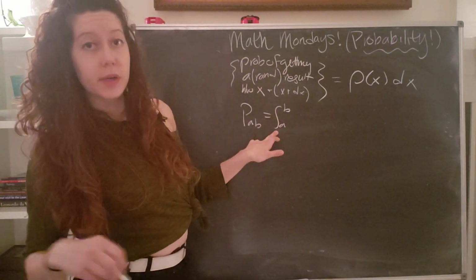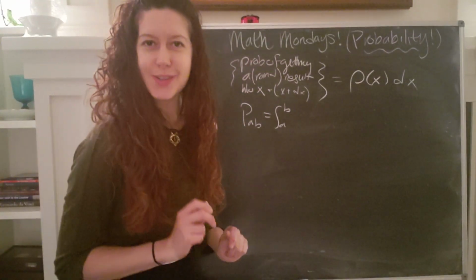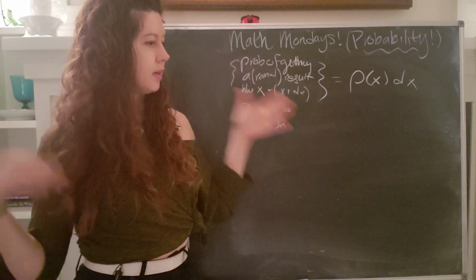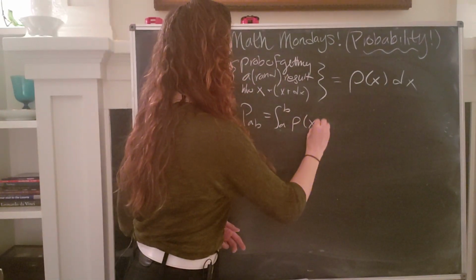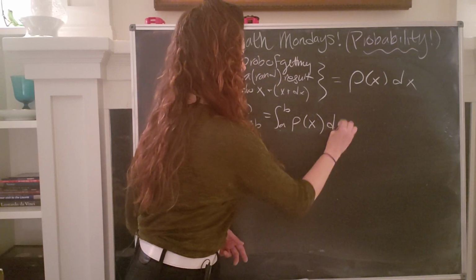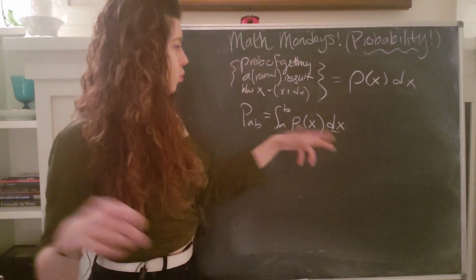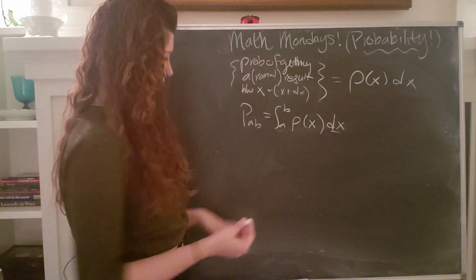Okay, and so now we can say that the probability of getting a result between A and B, instead of doing the summation, which deals with discrete quantities, we translate that to the integral, which is summing over all of the things between two given endpoints, in this case A and B. So we sum over the probability density with respect to dx, where maybe x is a distance, but it could really be any amount. It's just a variable, aka a stand-in.